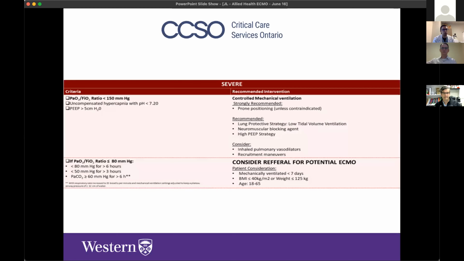And if you look at the severity of ARDS, mild, moderate, severe, the patients with severe ARDS refractory to all evidence-based therapies are the ones that we should consider.